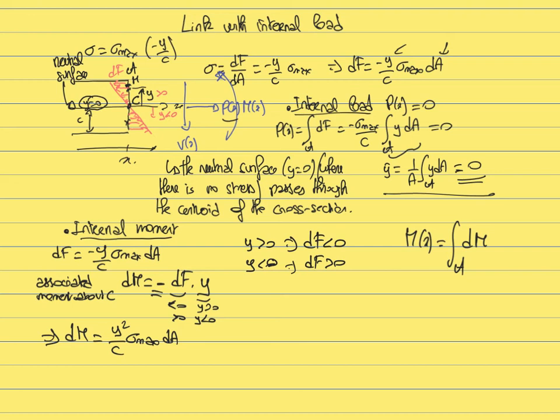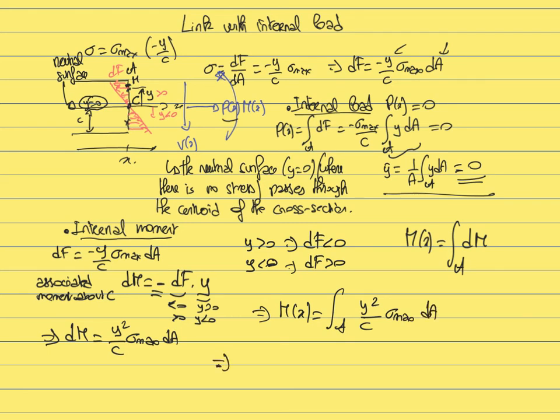So let's see what that means. If I replace this integral, it means that the internal moment M is going to be the integral over the cross section of dM. So I can replace dM by its expression. It's y squared divided by c sigma max dA.